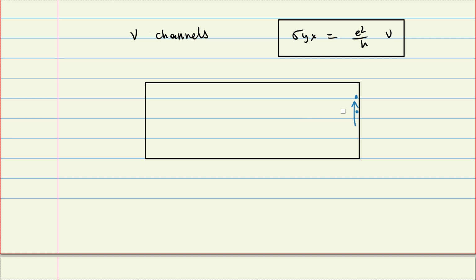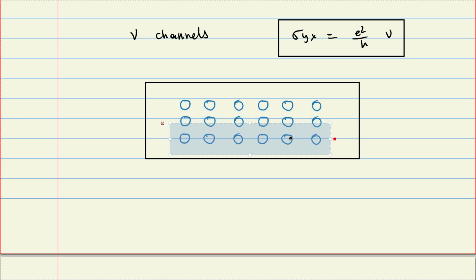So what is happening here is actually we have these cyclotron orbits inside the sample, and depending on the magnetic field, let's say they are like that.